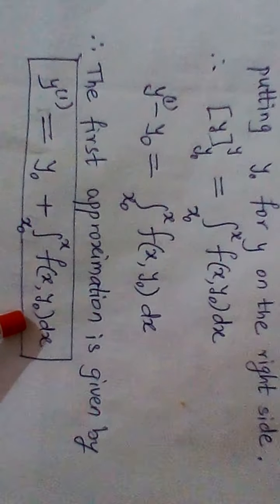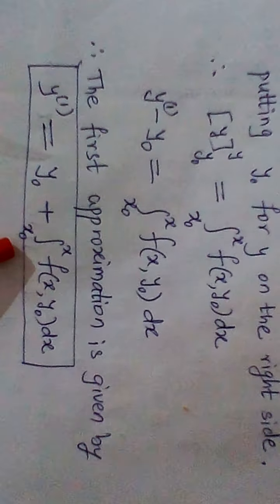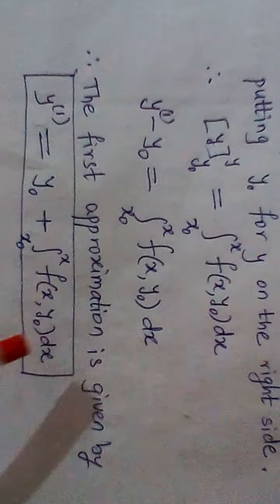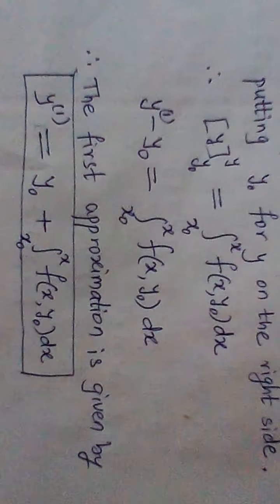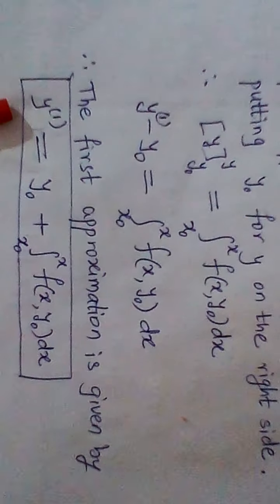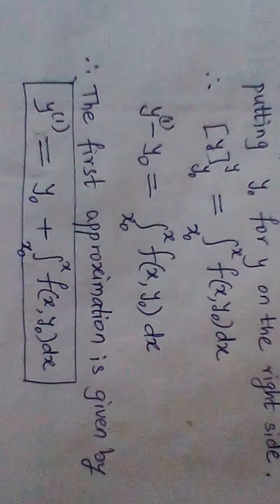So throughout, you will be getting x. The lower limit of integration is a fixed value x naught, whereas the upper limit is a variable x. So you will certainly get a function in terms of x. So y1, the first approximation, gives you a function in terms of x.